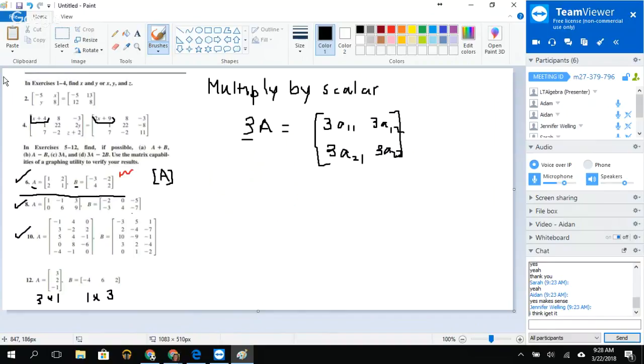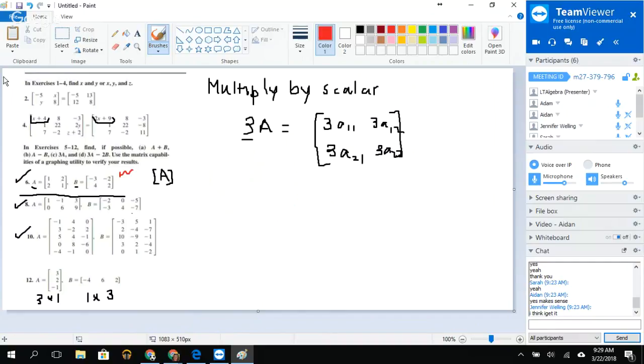Basically, scalar multiplication doesn't have any rules in terms of order, because you're just taking every entry in your matrix and multiplying it by a number, which is your scalar. So this doesn't have any rules about the order being a certain size.